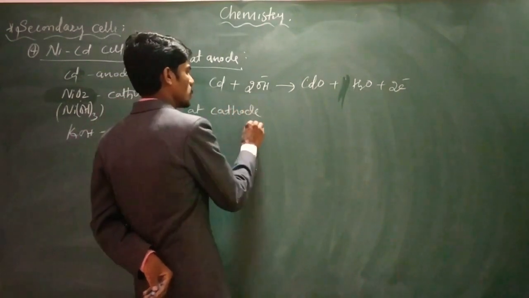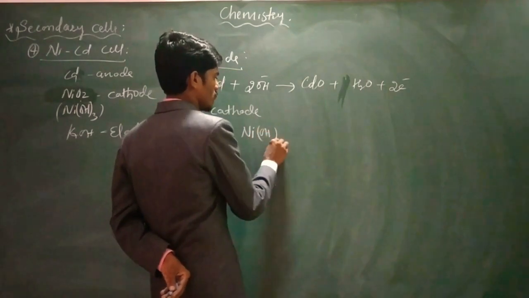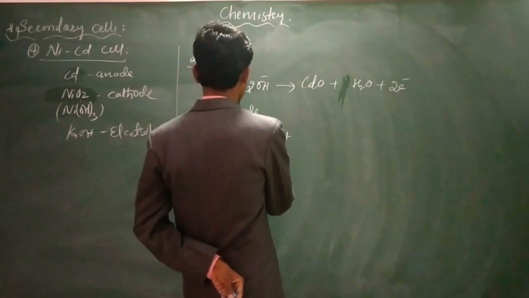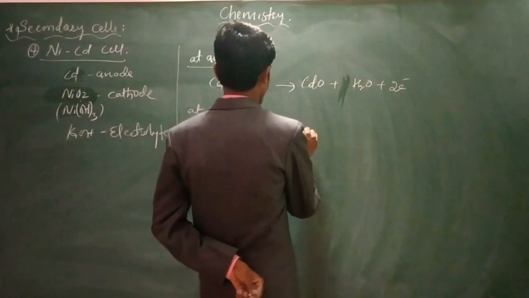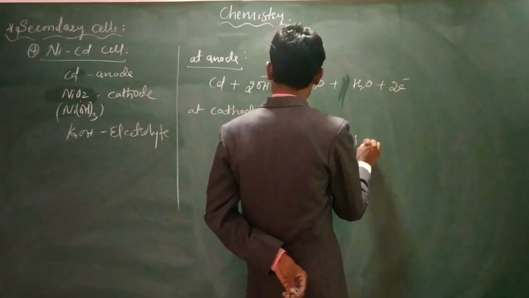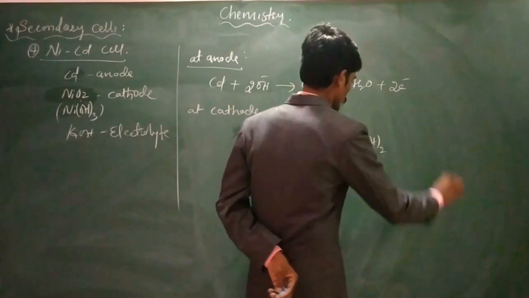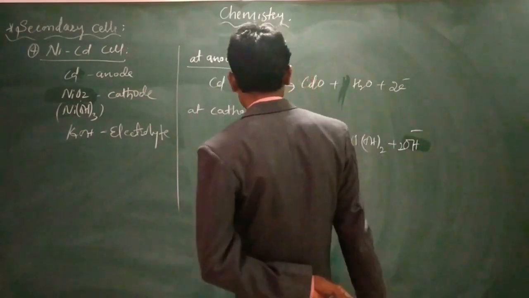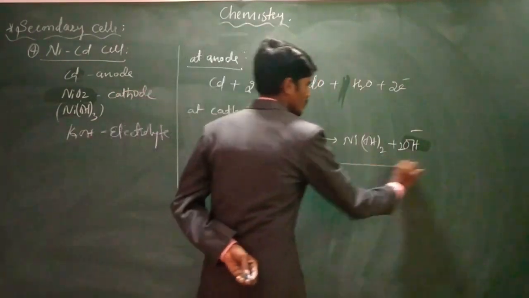At cathode nickel hydroxide undergoes a reduction, means gain of electrons. This gives rise to Ni(OH)2 plus OH minus.